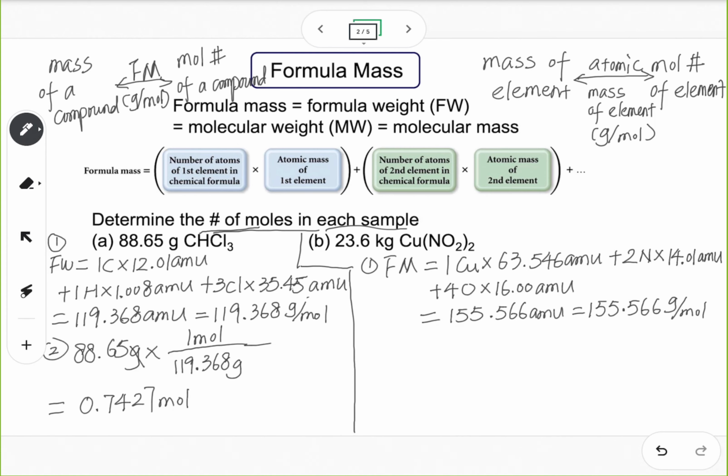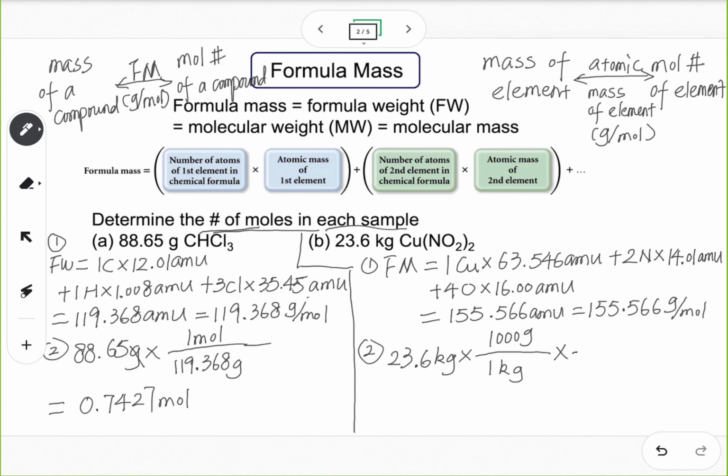Okay. Second step, convert the mass of copper nitride to the mole number. Remember this is in kilogram, so be careful. We have to convert that to gram first. Kilogram times, since we want to cancel kilogram and keep the gram on top, kilogram, lowercase k, represents 1000, 10 to the third.